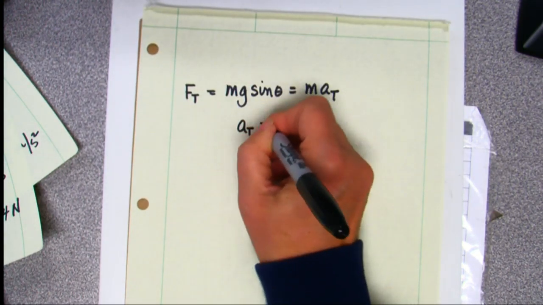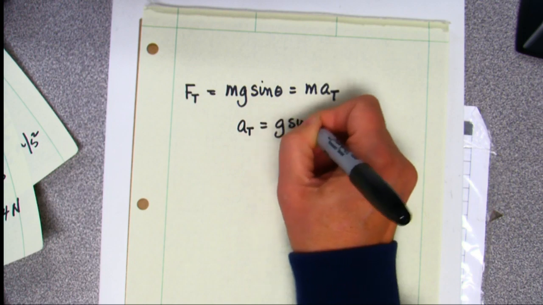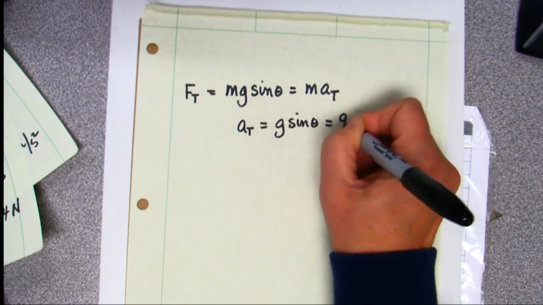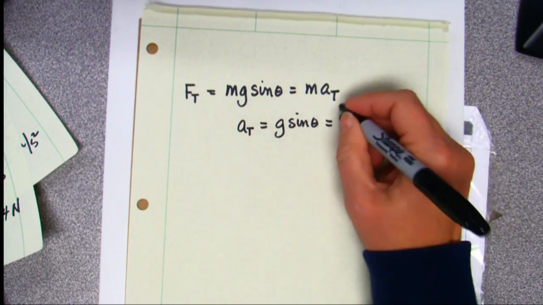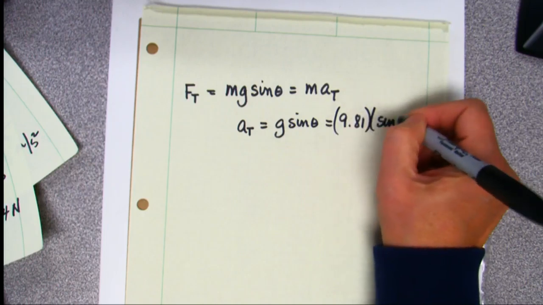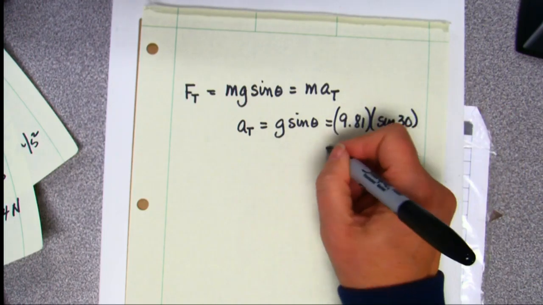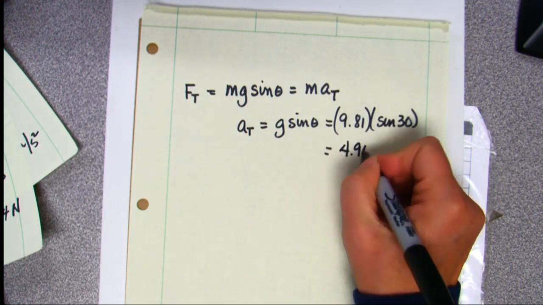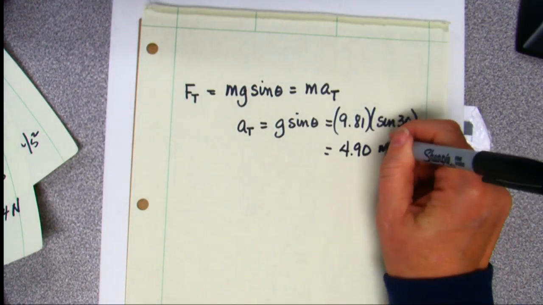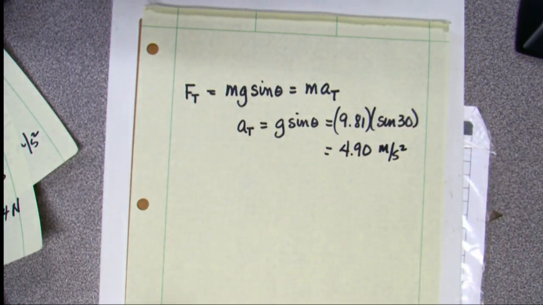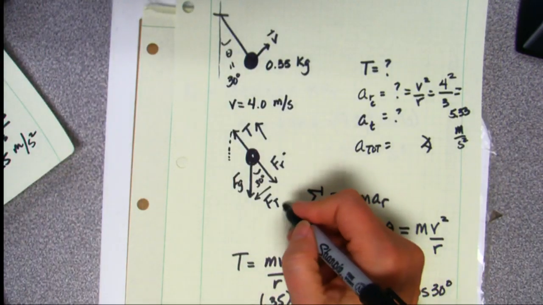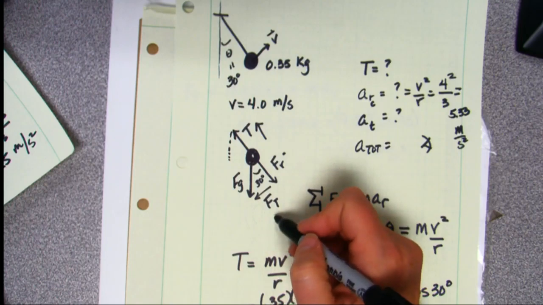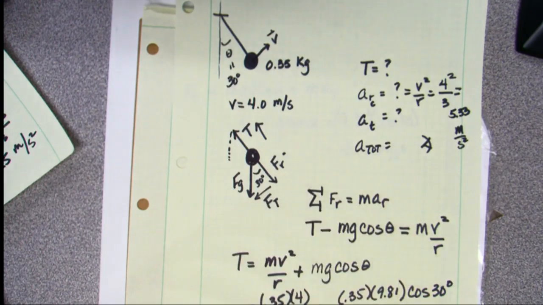Excuse me, a tangential is equal to g sine of the angle, which is going to be 9.81 times the sine of 30 degrees, which is going to give me 4.90 meters per second squared. And that direction is in the same direction as my tangential force, so it's going downward. But it's tangent to the circle.